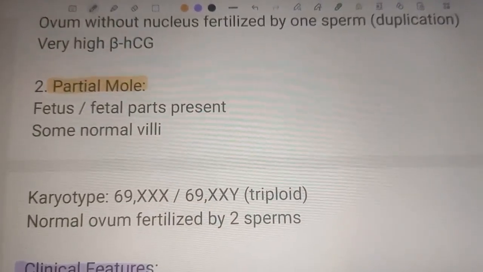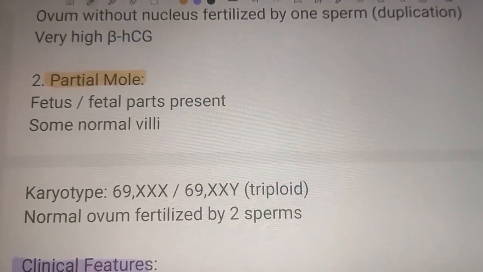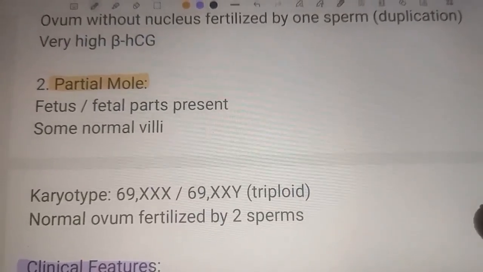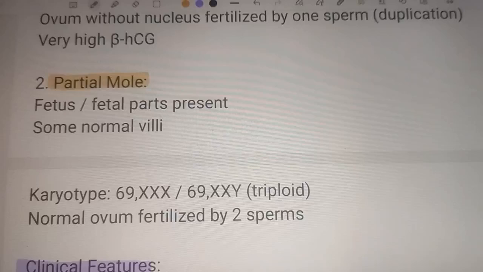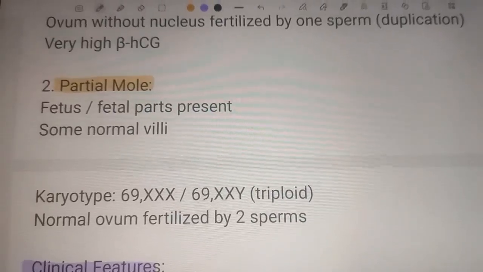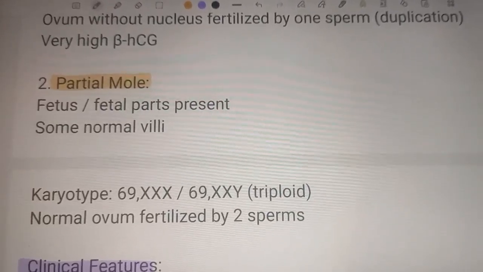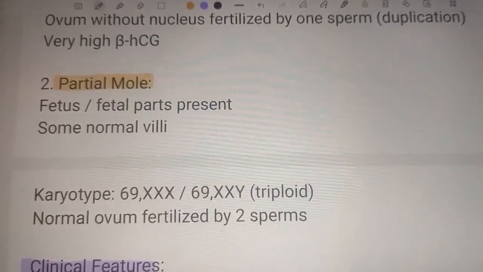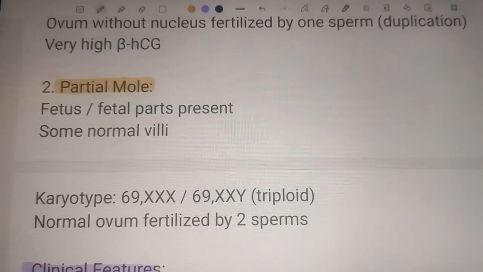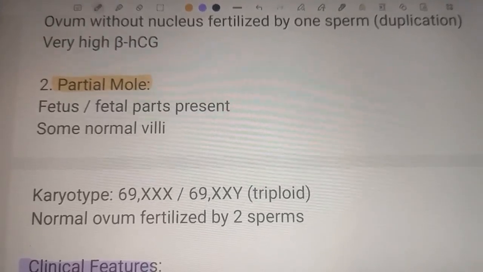Now, in case of partial mole, bleeding is present in first trimester. In case of complete mole, bleeding is present in first trimester, and there is history of passage of grape-like structures.